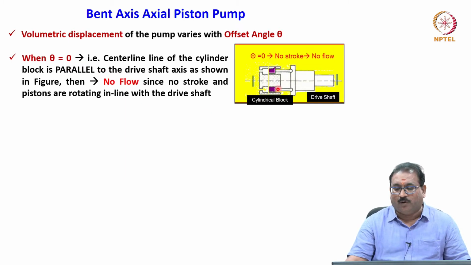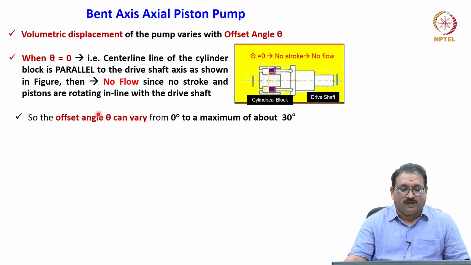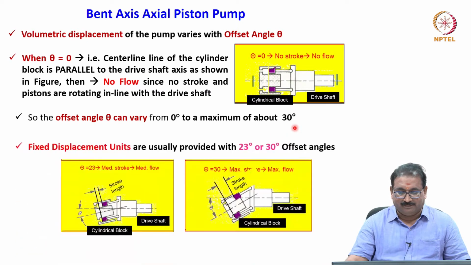The cylinder block axis and drive shaft axis are in a line. Then the piston will rotate in the same line. No increasing volume, no decreasing volume, no stroke. That's why no flow. So the offset angle theta can vary from 0 degrees to a maximum of about 30 degrees.